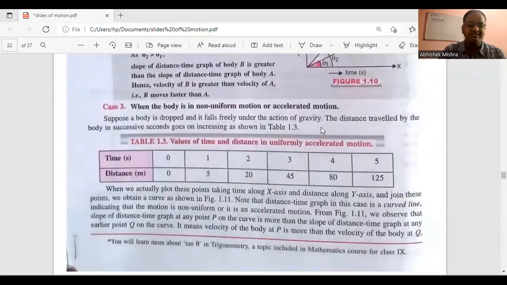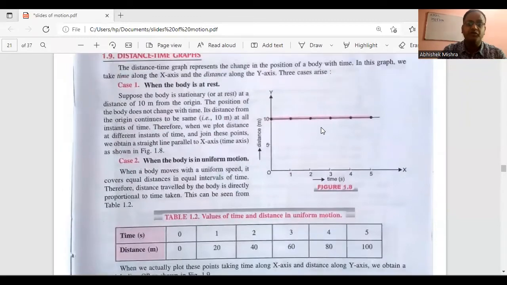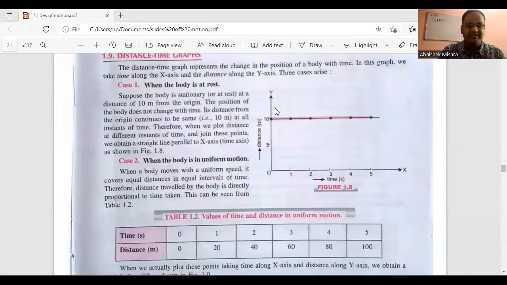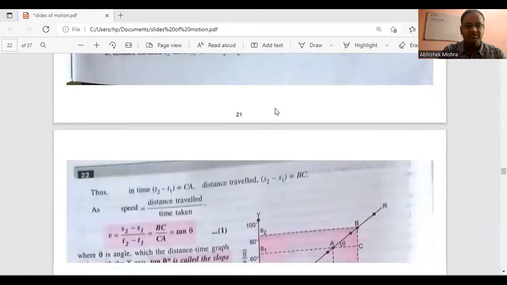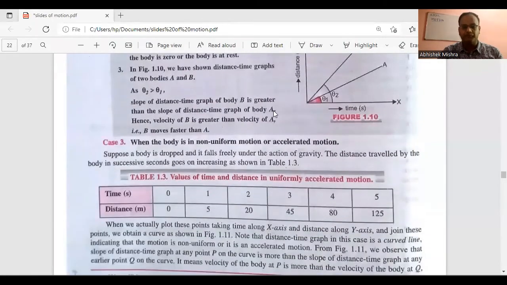Students, we were discussing the distance-time graph for the three cases. The first case we discussed is when the body is at rest. The second case we discussed is when the body is in uniform motion. And the third case we are discussing is when the body is in non-uniform motion.